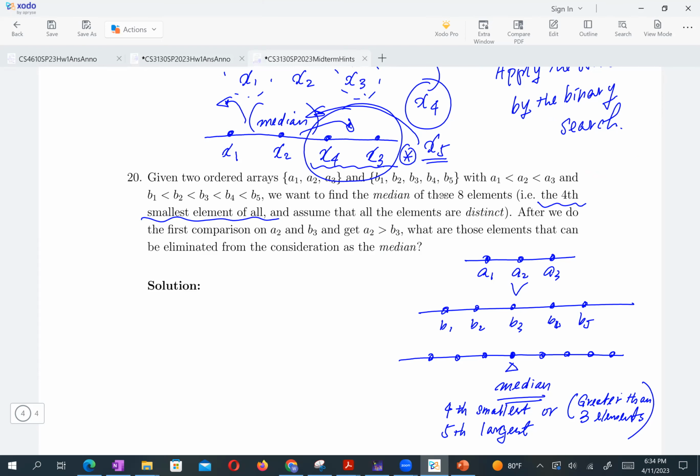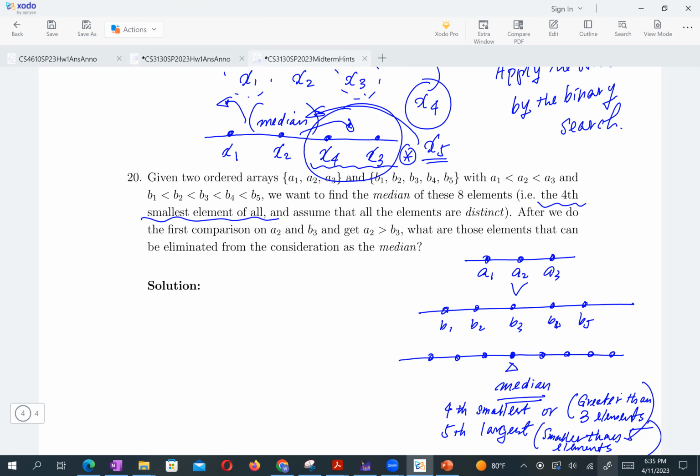And here, fifth largest means smaller than 5 elements. If you can find one element that is smaller than 6 elements, can you eliminate it?